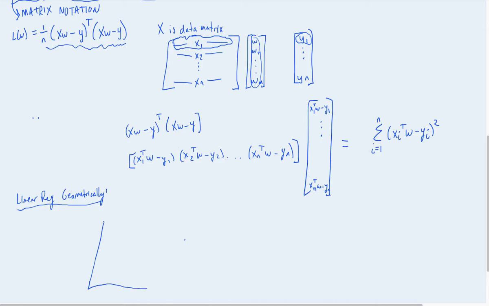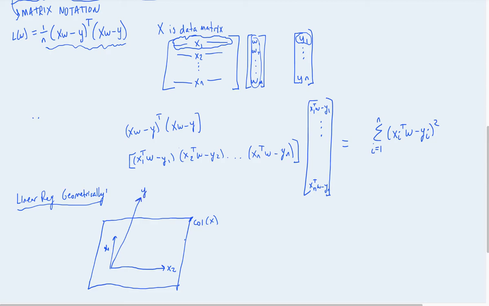So suppose we have a column space of X, consisting of the span of X's columns. Suppose this is only two-dimensional, so X1 here, and dimension X2 here. And suppose we have Y that exists here.